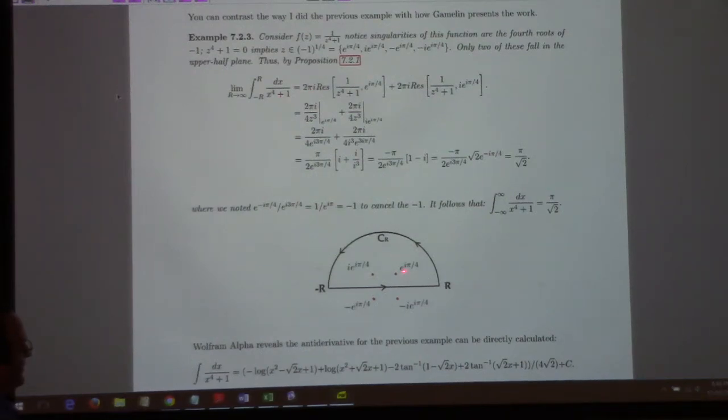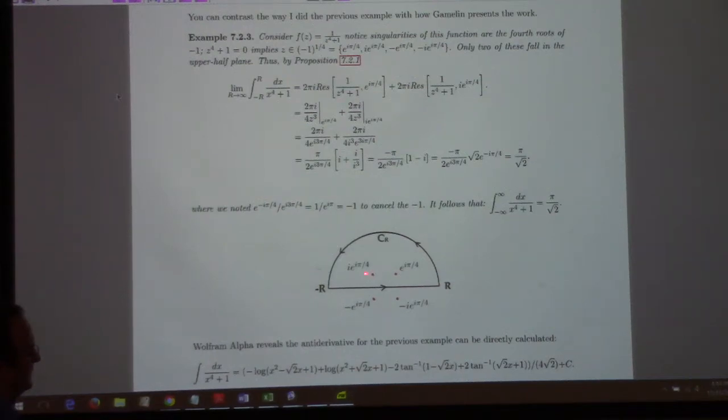Well, there are 2 singularities, this one and that one. We talked about these today in the abstract, actually. Well, I'm sorry, we had a minus 1 rather than a plus 1 there, so these are a little bit different. But it's kind of the ones we did, but rotated. But I digress. So these are the places where z to the 4th plus 1 is 0. And 2 of those fit inside this.